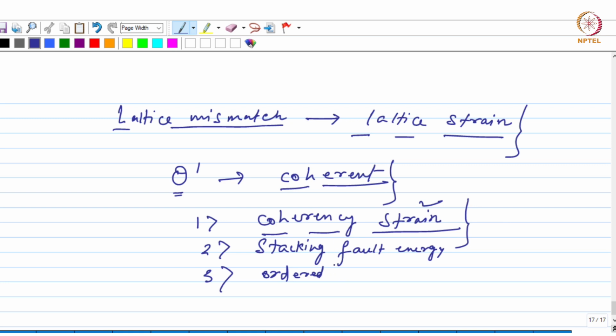Here also a similar mechanism will occur due to an ordered structure. The fourth mechanism of strengthening in this case is the modulus effect, and this is again similar to solid solution hardening that we have discussed before.